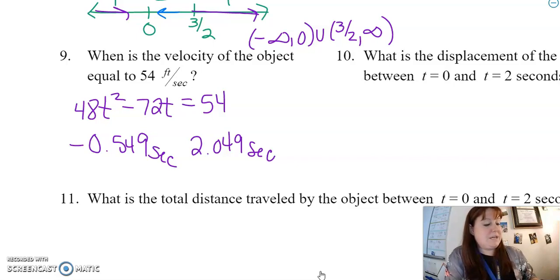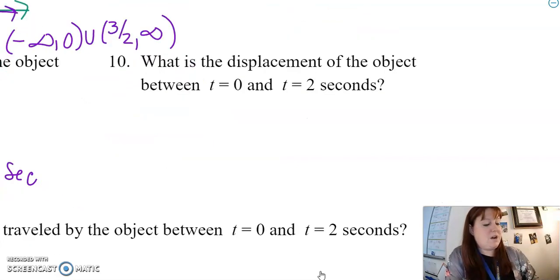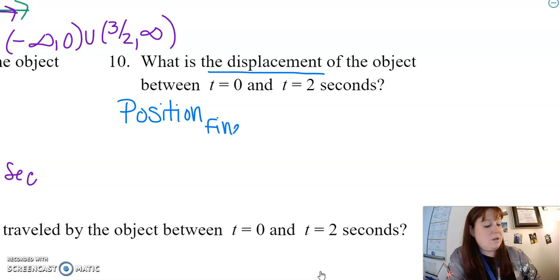All right, displacement. What is the displacement of the object? So when we're finding displacement, this is what you're going to do. You're going to take the final position and you're going to subtract the initial position.